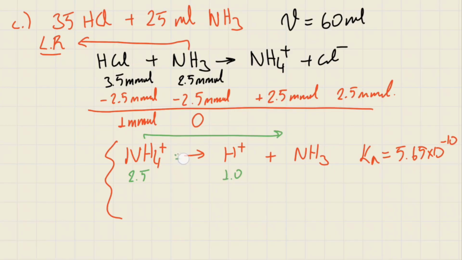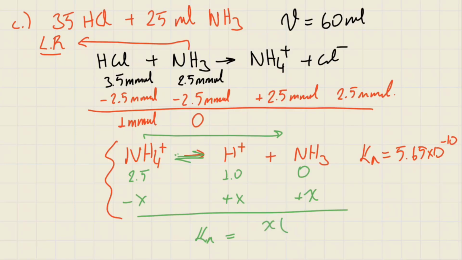It's an equilibrium reaction, right? It is back and forth. There are back and forth reactions. So if we write minus x plus x at the beginning, we don't have ammonia here anymore. So what will be? Ka will be equal to x times x plus 1 over 60 actually.